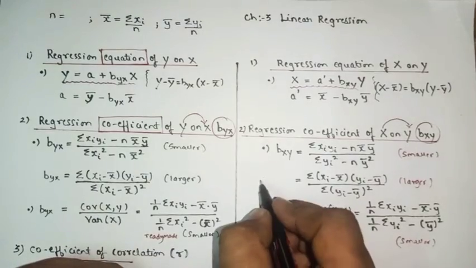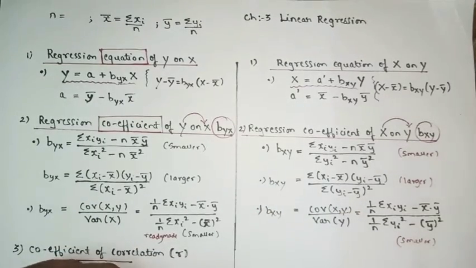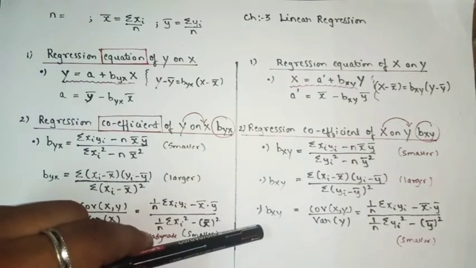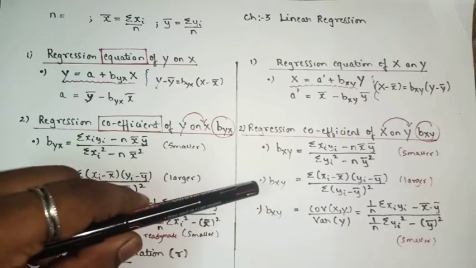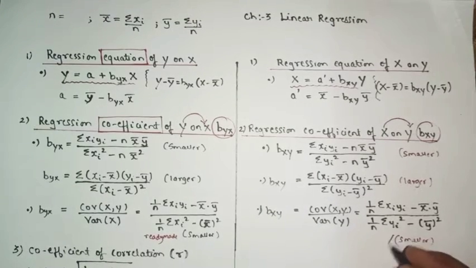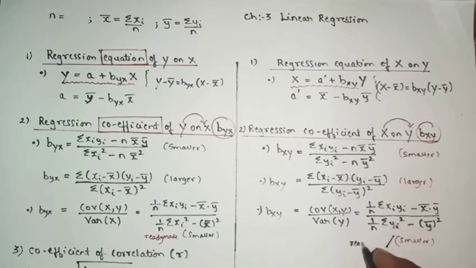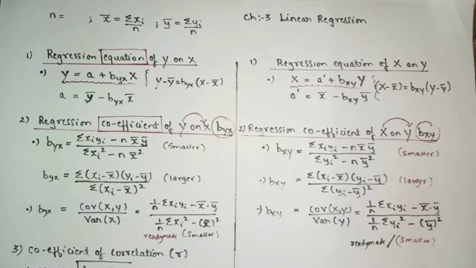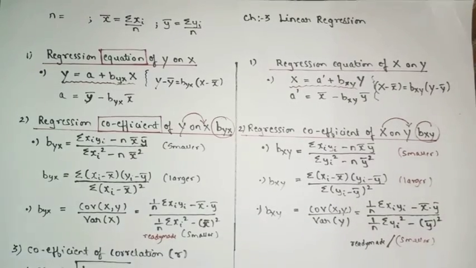So for x on y also, first and third for the smaller and the middle one for the larger, or else we can say the third one for the ready-made values also. Whenever you have a ready-made value, straight away substitute the value, you will get the answer.